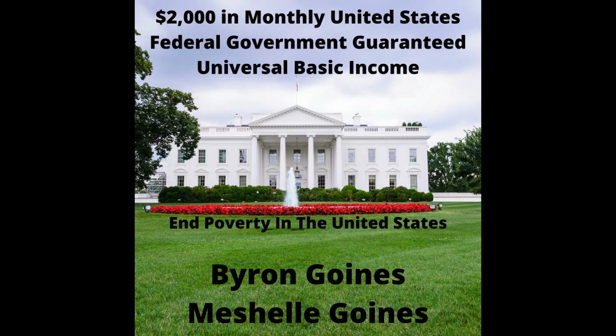This is true for everyone except the Federal Reserve System and its purchasing of securities to add liquidity to the banking system. Because of the fact that the Federal Reserve creates money out of thin air to spur economic growth, this makes the Federal Reserve the perfect vehicle to fund $2,000 in monthly government-guaranteed universal basic income for all United States citizens at least 18 years of age.